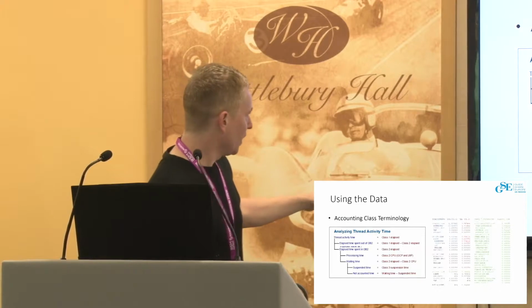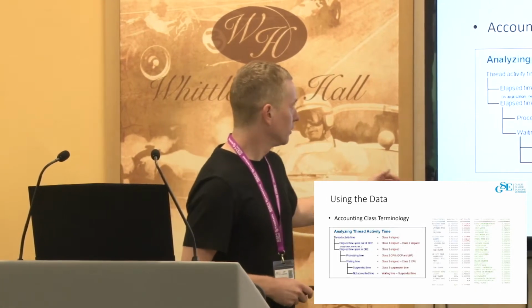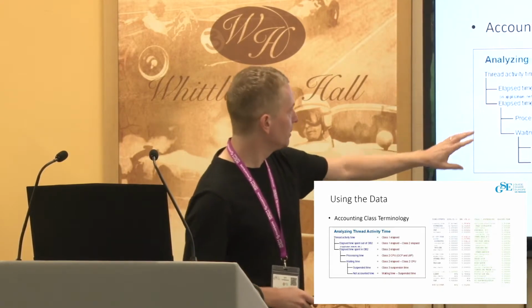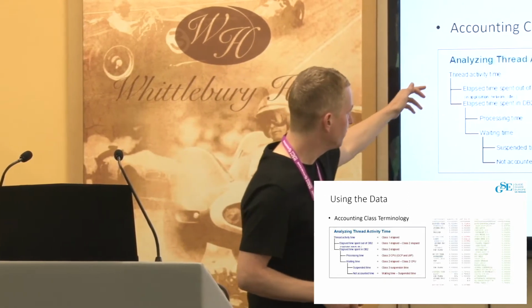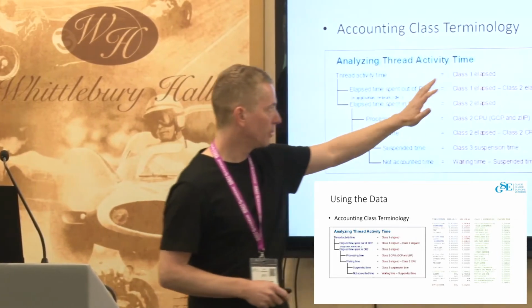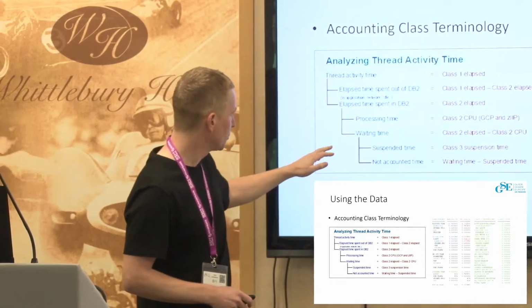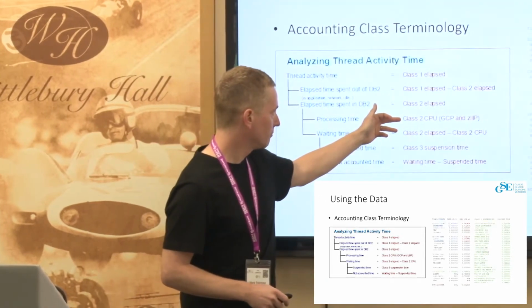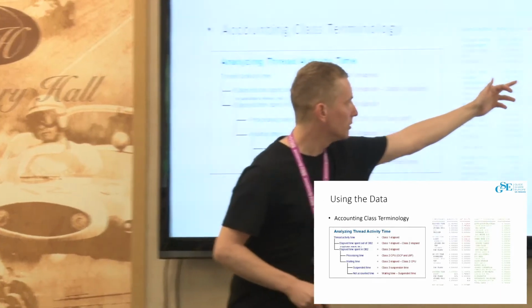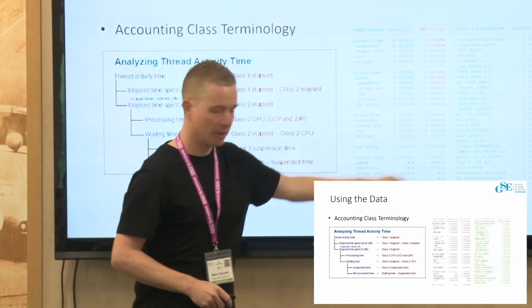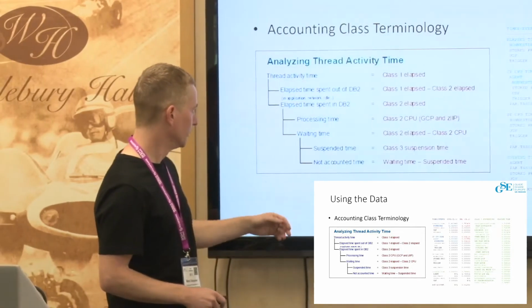So again, this is showing how you break down and interpret what's in here. Your total thread activity time: you get time spent outside of DB2, which is class 1 minus class 2, but again, beware, it's not always what you think. Your processing time is the actual CPU, which includes your general processor CPU time, and can also include zIIP if you've got any zIIP offload.